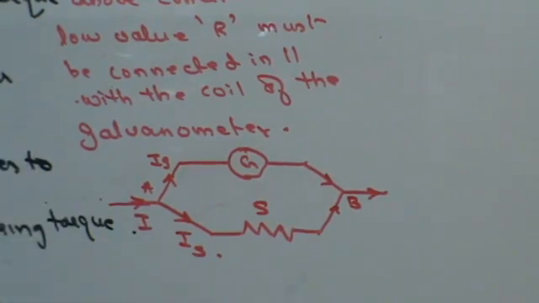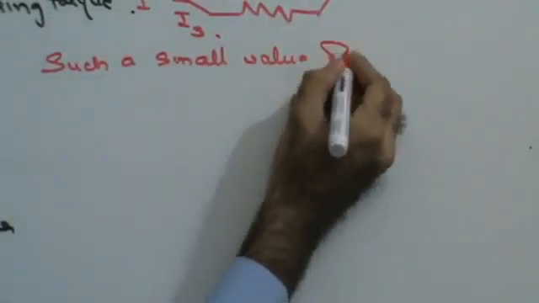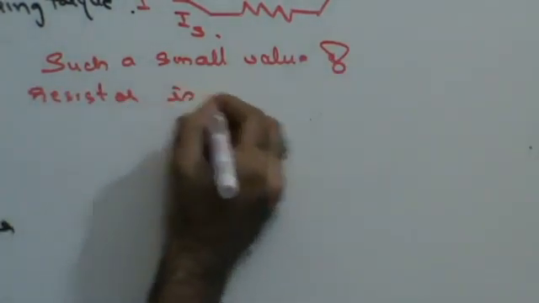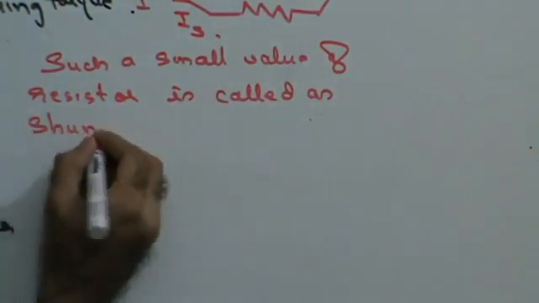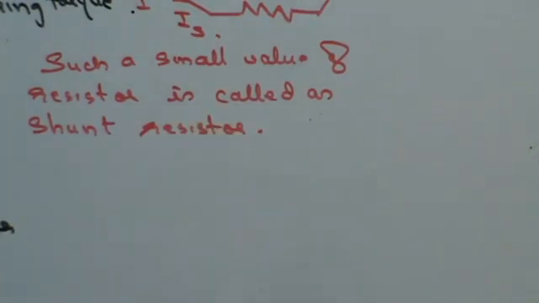Such a small value of resistor is called a shunt resistor. So you need to connect a shunt in parallel, right?